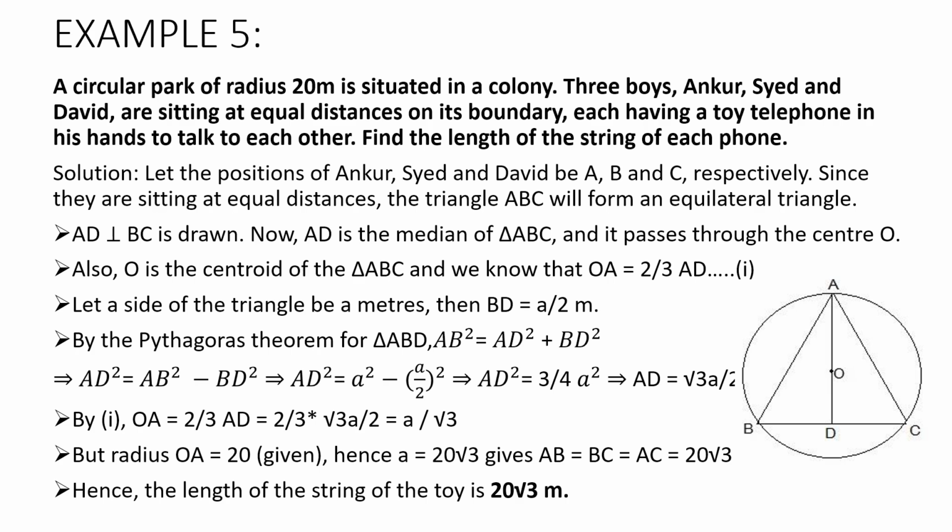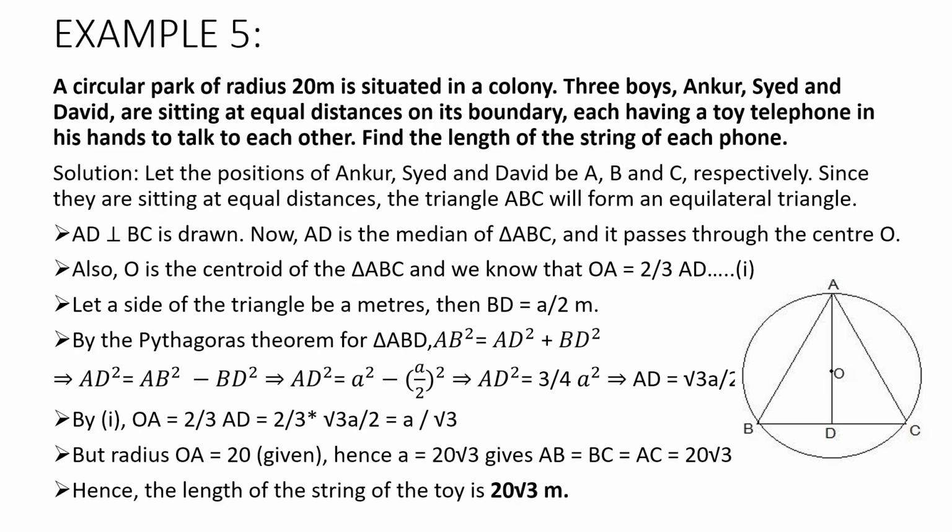Now, by the first equation, OA is equal to 2/3 of AD. Putting the values of AD, we get OA equal to 2/3 into root 3 a by 2, which we get as a by root 3. But now radius OA is given to be 20. Correct? It is given that the radius of the park is 20.